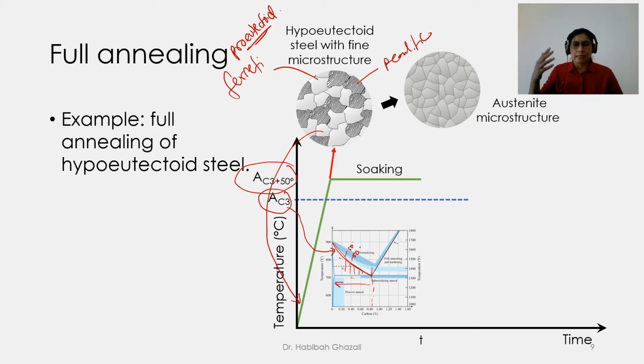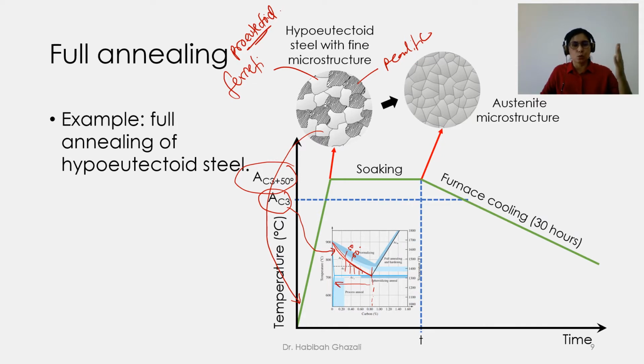The next step for this heat treatment is that we need to slow cool it. For full annealing, it needs to be done at a slow cooling rate. To do this, we just cool it inside the furnace, so it will take a longer time to cool than if you take it out.